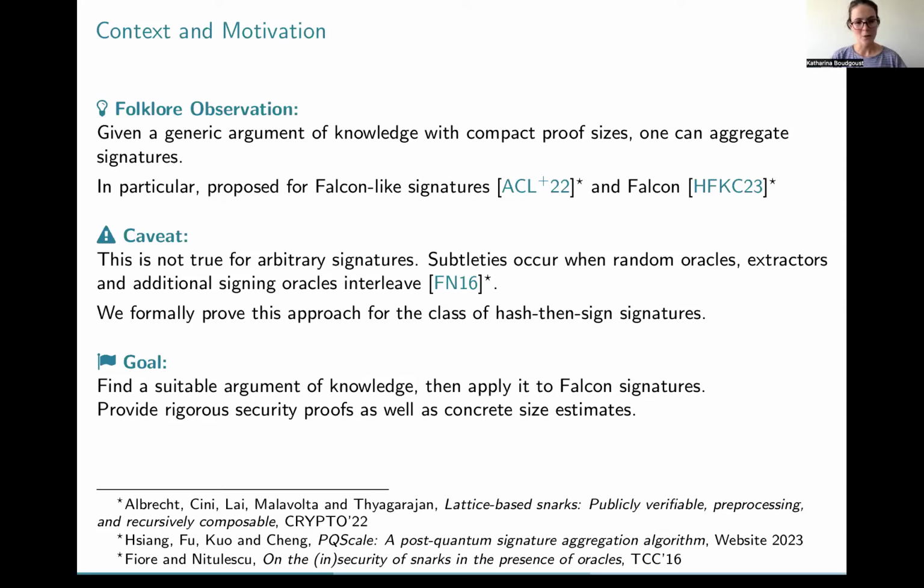This is an observation that dates back to a paper from 2016 from Fiore and Nitulescu. Even though they don't detail it out for aggregate signatures, it is also true for aggregate signatures. But the good news is that we made the formal proof that this approach indeed works for hash-and-sign signatures, and so also for Falcon-type signatures.